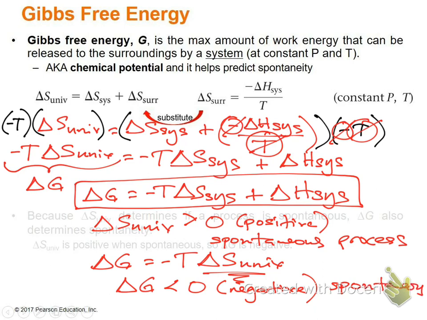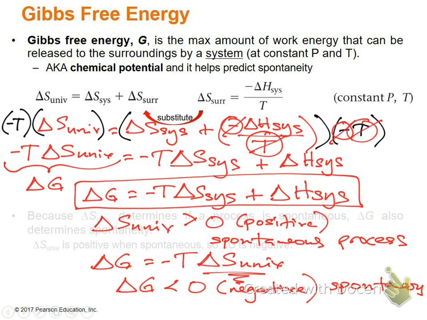Make sure you don't get those two confused. Delta S universe has to be positive in order for the process to be spontaneous, and delta G has to be negative for the process to be spontaneous. So you just have to remember the relationship between the change in Gibbs free energy and the change in the entropy for the universe.